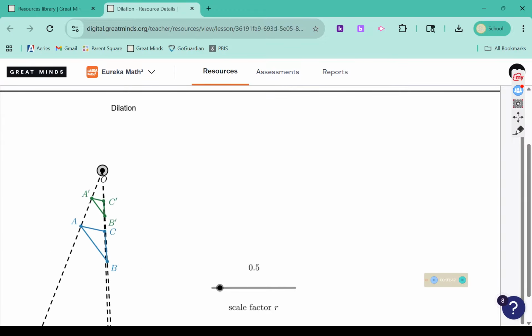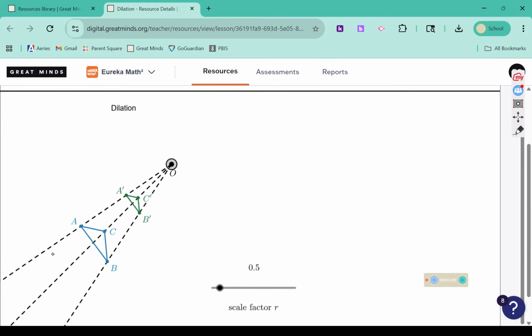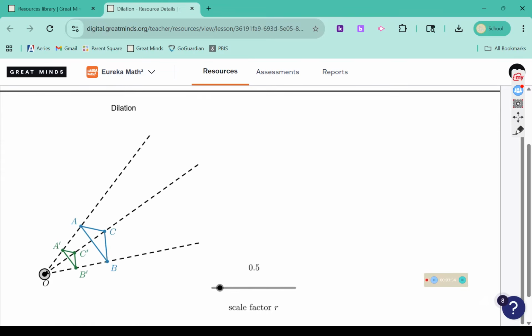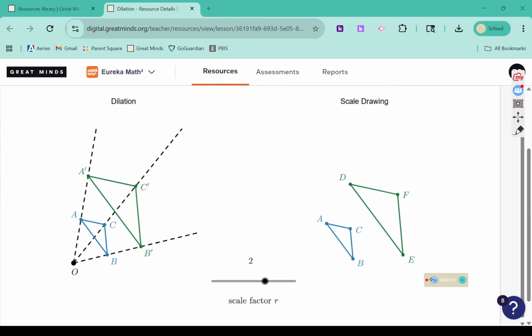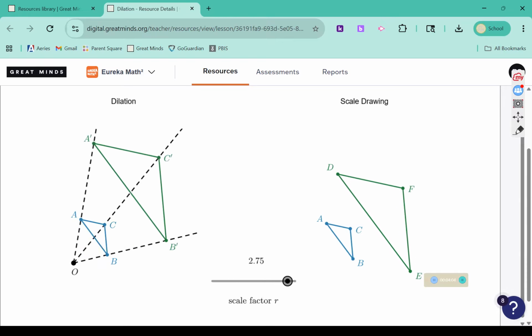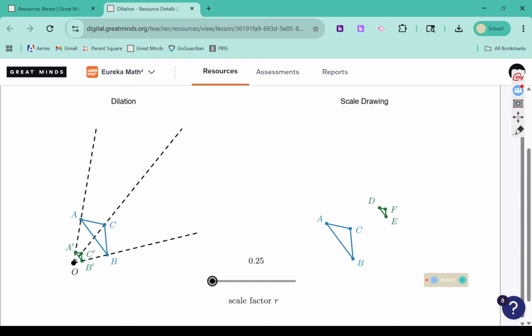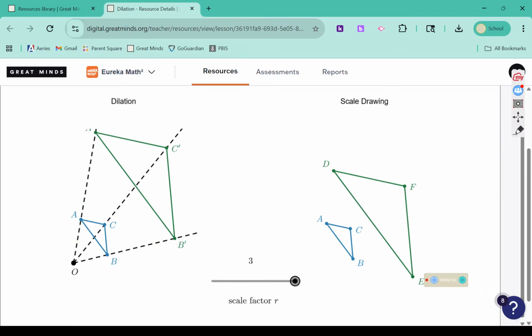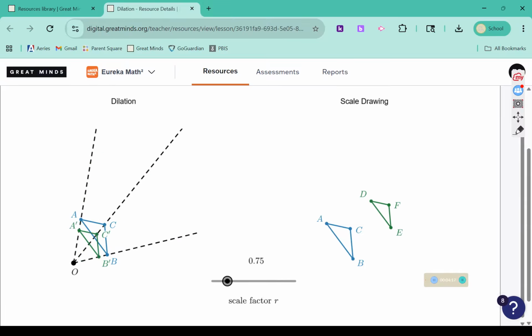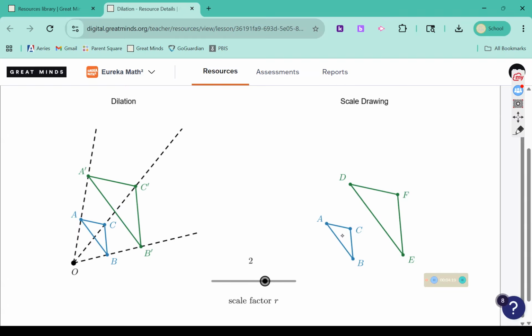We can also move this point of dilation, and it's going to change the resulting location of our image. So here we have a dilation and a scale drawing. You can see that the size of the scale drawing changes just like the size of the dilation changes. The main difference between these is that with a dilation, you're moving from a specific point, whereas with a scale factor or a scale drawing, this can be anywhere in the plane.